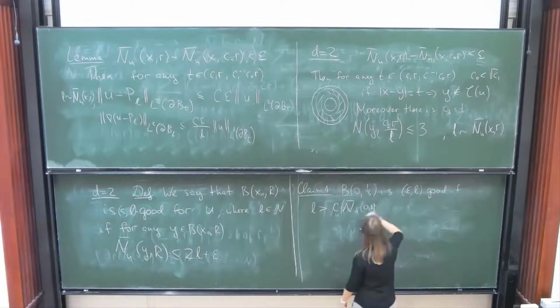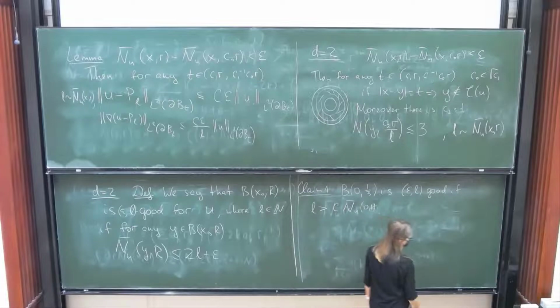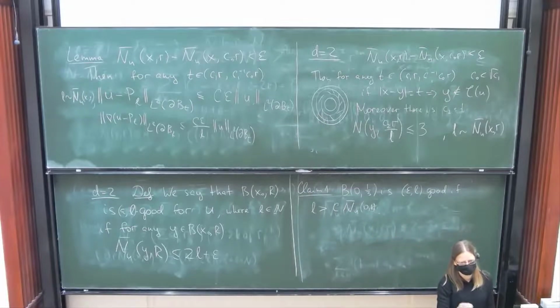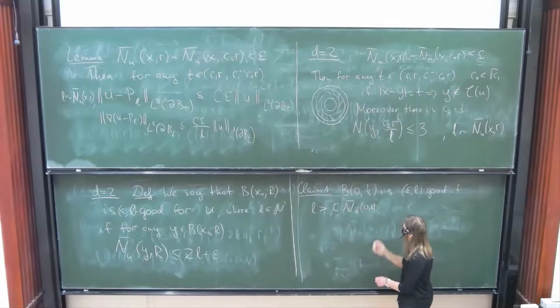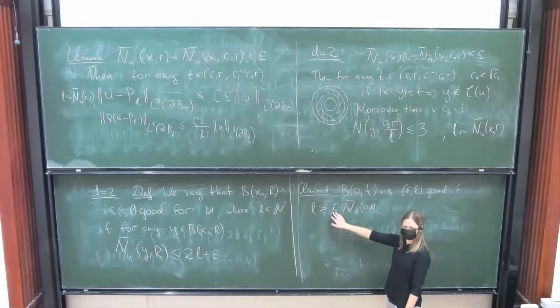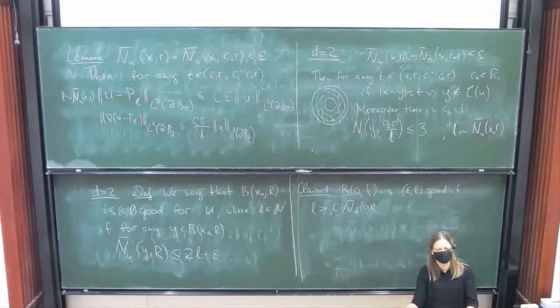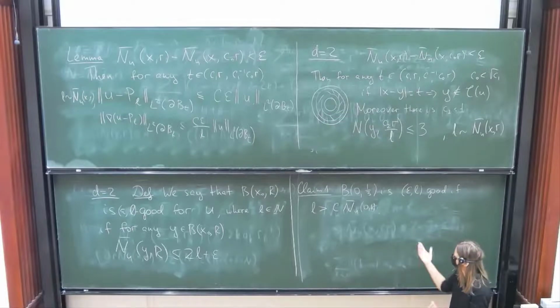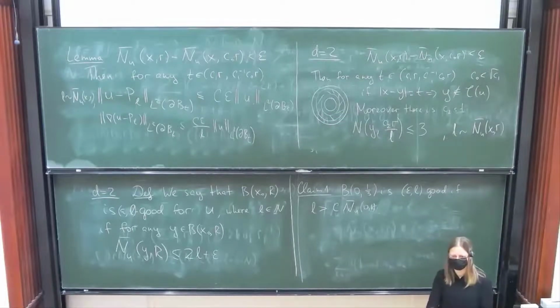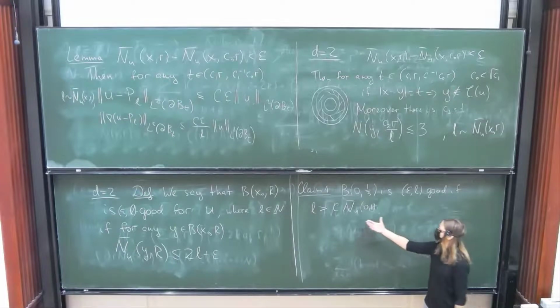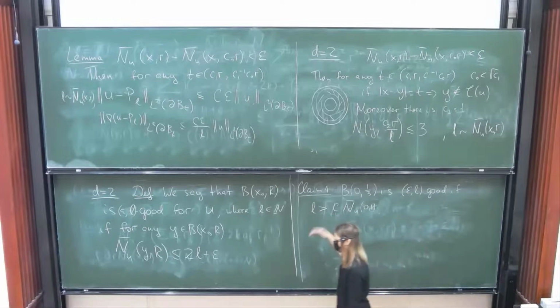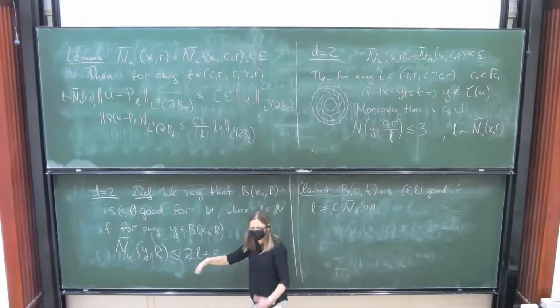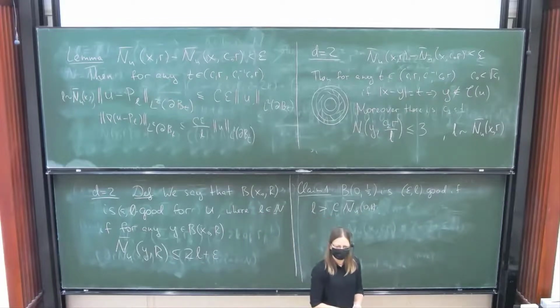We don't need to add ones here because our frequency is always at least 2, right? So there is no point in adding a constant if I'm allowed to multiply it by any constant. It's a statement from our first lecture that we control the frequency in nearby balls by a constant times the frequency here. So if we start with large enough L here, we know that this ball is good.